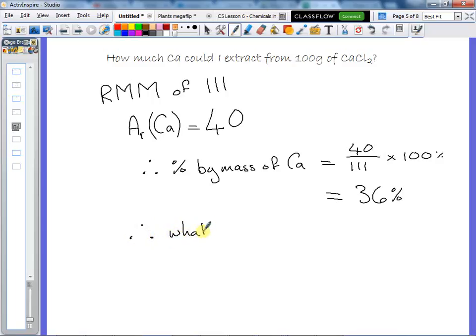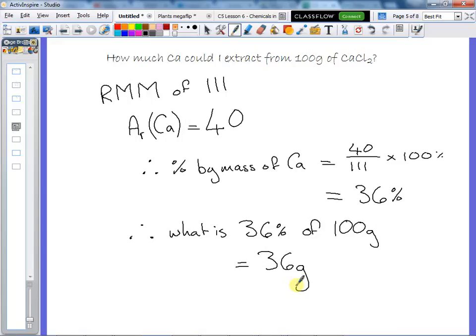What is 36% of 100 grams? I've made this easy on purpose. It's 36 grams. So if you had 100 grams of calcium chloride, you would be able to get 36 grams of calcium from it.